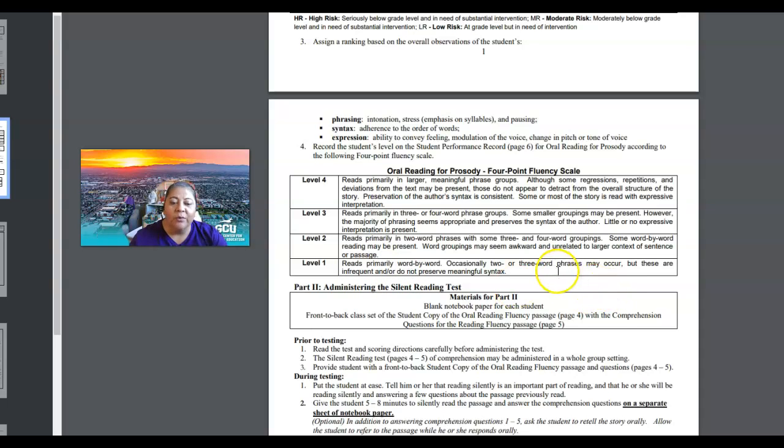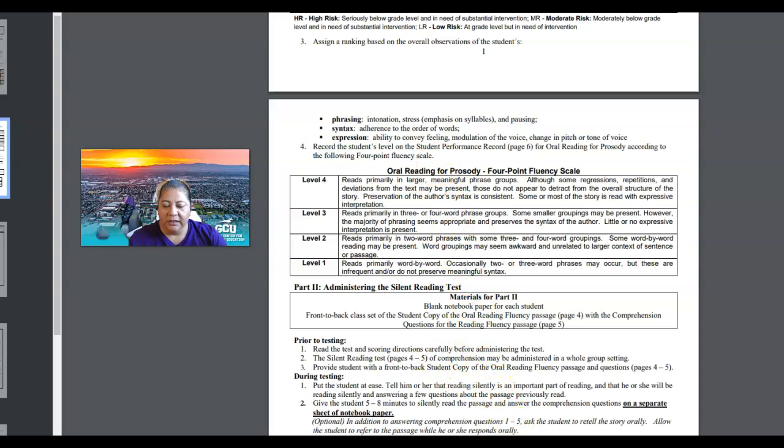Occasionally 2 or 3 word phrases may occur, so they're still getting that 1. They can get a 4 if they're reading primarily in larger meaningful phrase groups, although with some regression and repetition, they're still reading in larger groups of phrases. Most of the story is read with expressive interpretation.